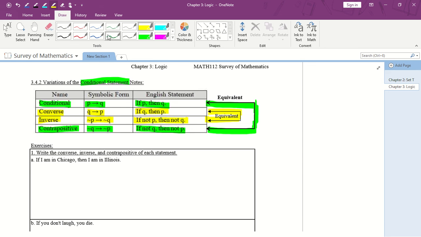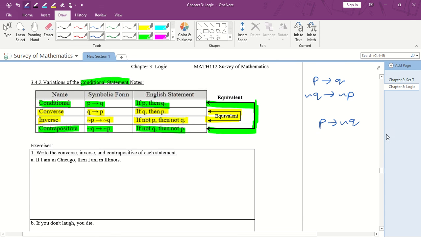So remember, the trick here is that with P and Q, you need to change the places and you need to put negation on both sides. So for example here, P to Q, the contrapositive will be negation Q to negation P. Then let me ask you, how about P to negation Q?